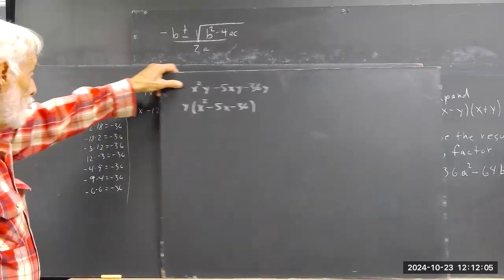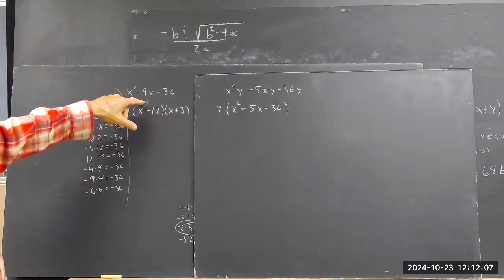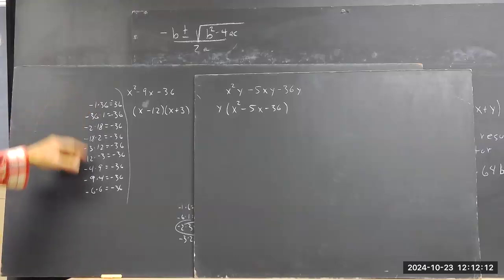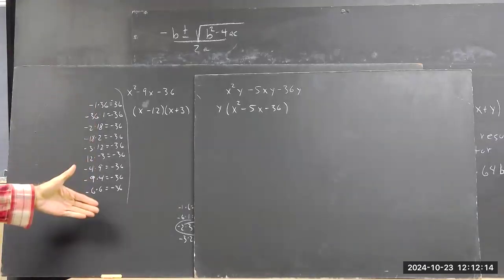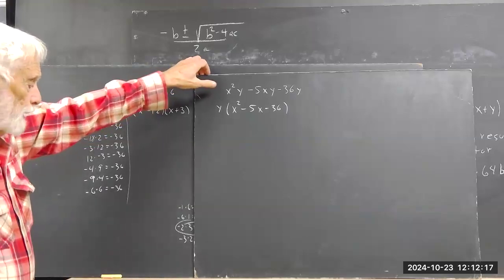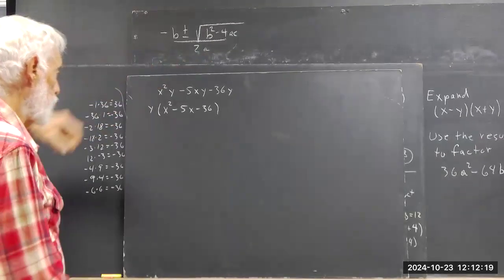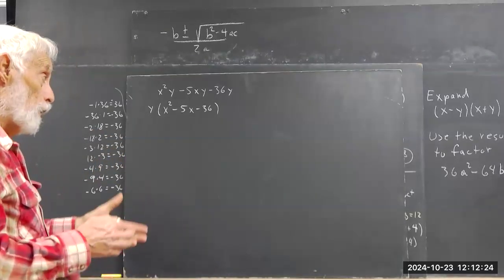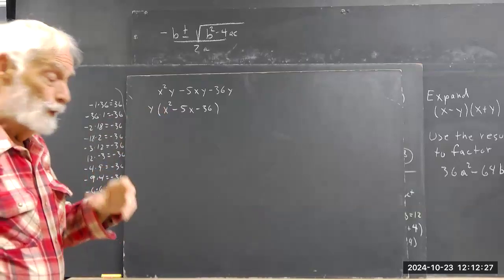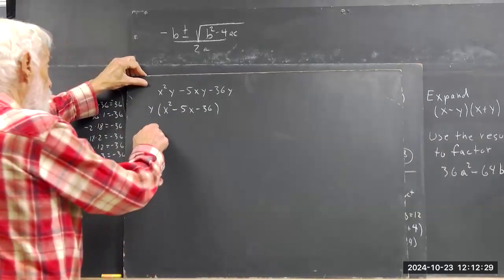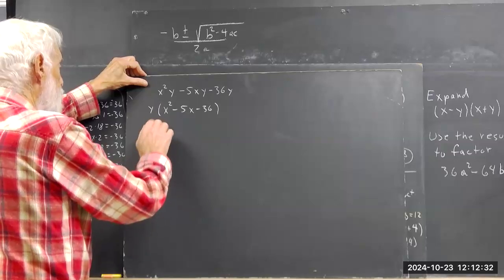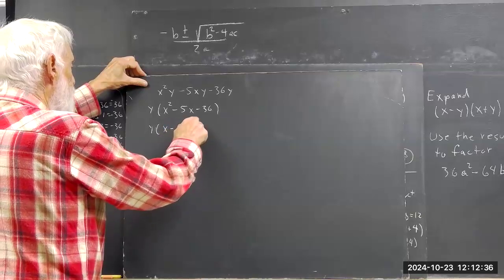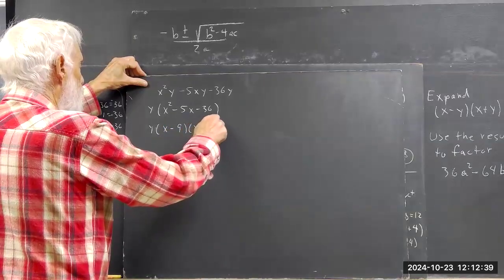Well, you can think through all the pairs of numbers that multiply out to 36. Pretty soon you're going to hit on the idea that 4 times 9 works, because the difference between 4 and 9 is 5. So you've hit it, you just have to get the right signs on things. So that's going to be y times x minus 9 times x plus 4.